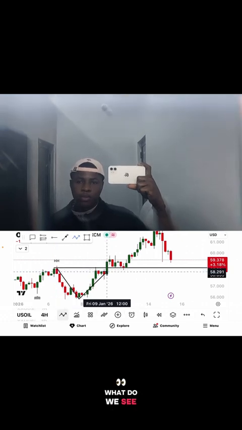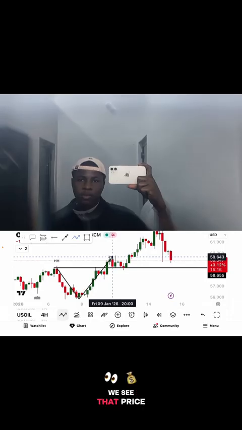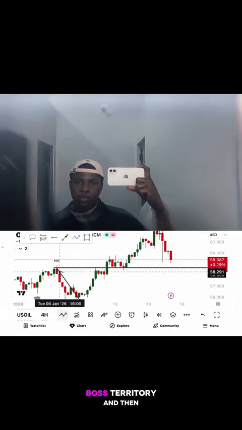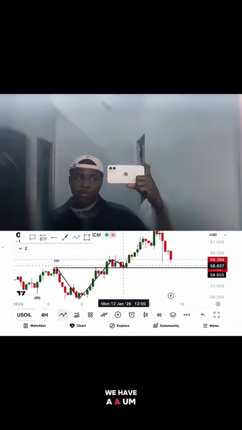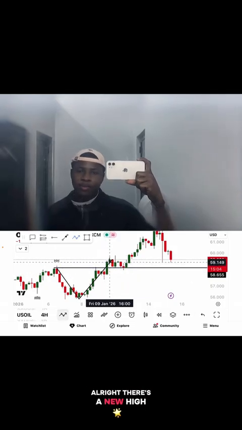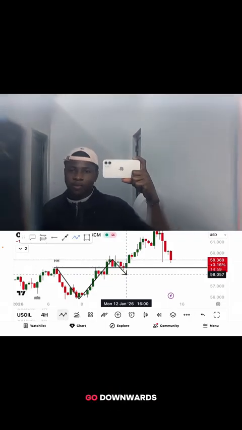What do we see? Just like we saw on the XAU USD analysis, we see that price breaks past the final boss territory, and then we have a correction. There's a new high being formed and a correction to see if price would still be able to go downwards.